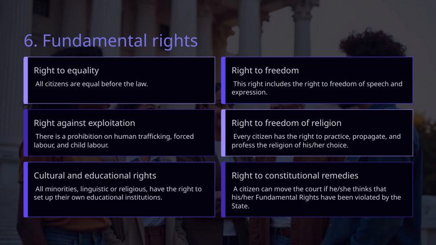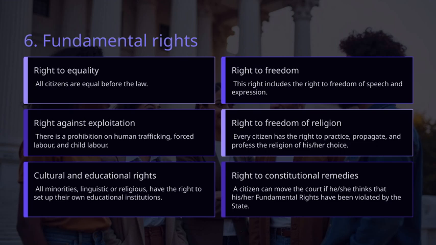It prohibits human trafficking, forced labor, and child labor, protecting vulnerable groups from abuse and ensuring fair treatment for everyone. Moving on, the cultural and educational rights give minorities, whether they are linguistic or religious, the right to establish their own educational institutions. This helps preserve their culture and language while promoting inclusivity.